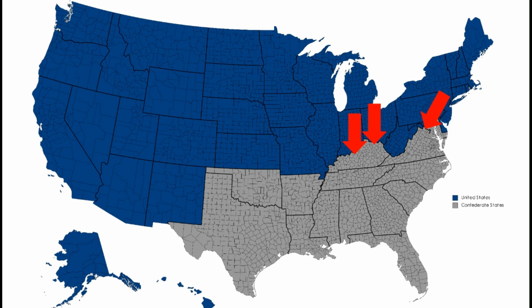But after about a month of fighting, the lines really solidified along the Potomac, in portions of western Virginia, along the West Virginian border, in northern Kentucky, but west of the Mississippi there was not much activity.